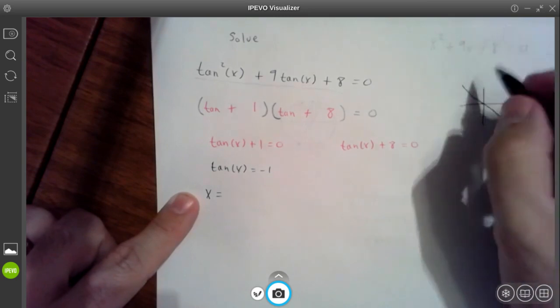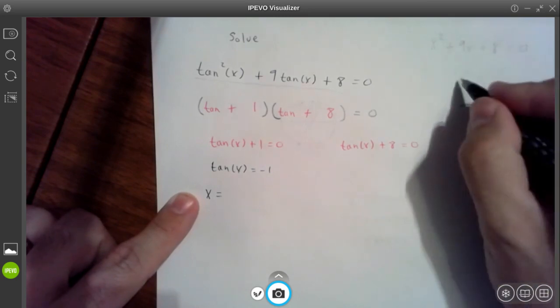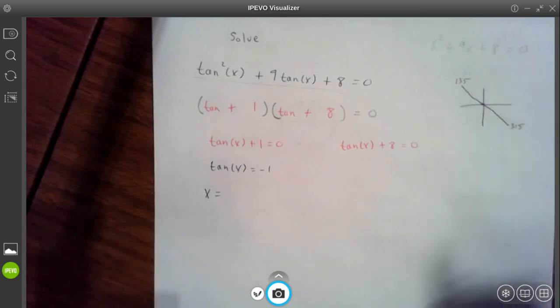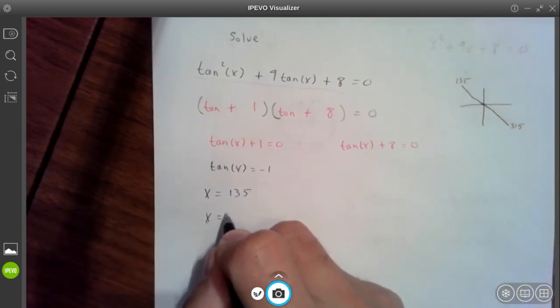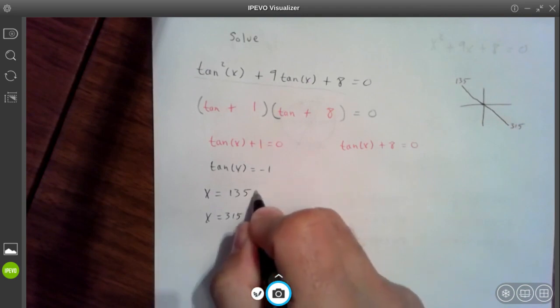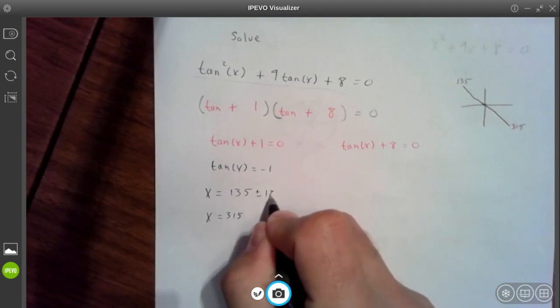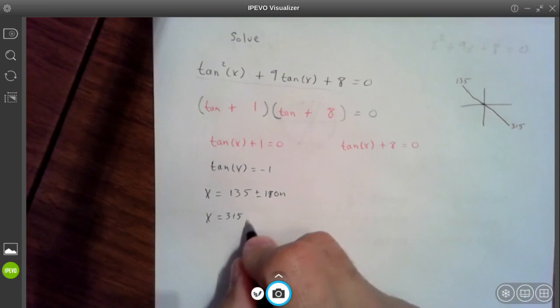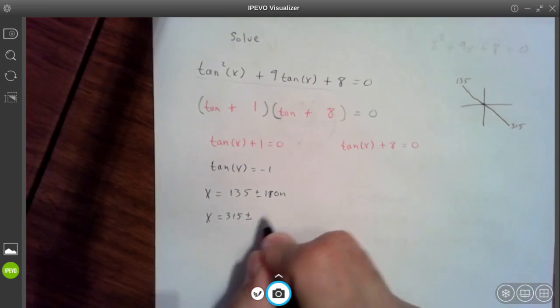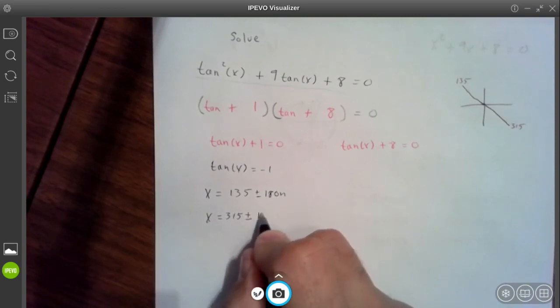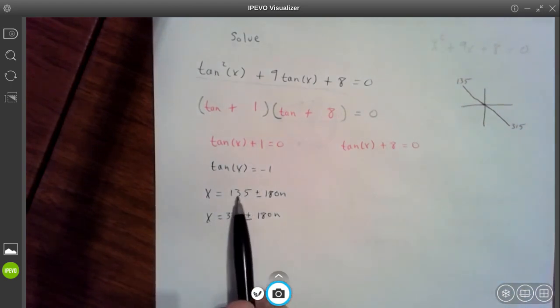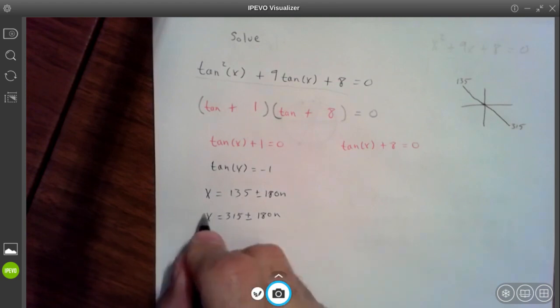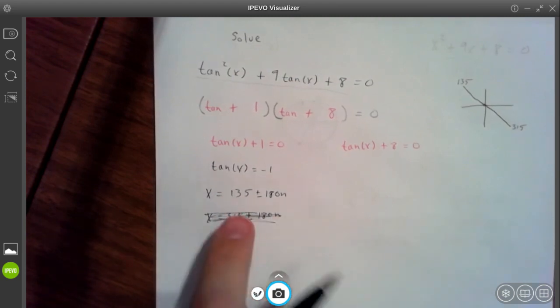And then the other one is at 135. So it happens at 135 and 315, plus minus 180n. Remember, tangent repeats every 180 instead of 360. But this one is kind of redundant because if you add 180 to 135, you get 315. So you don't have to include this one. This one's enough.